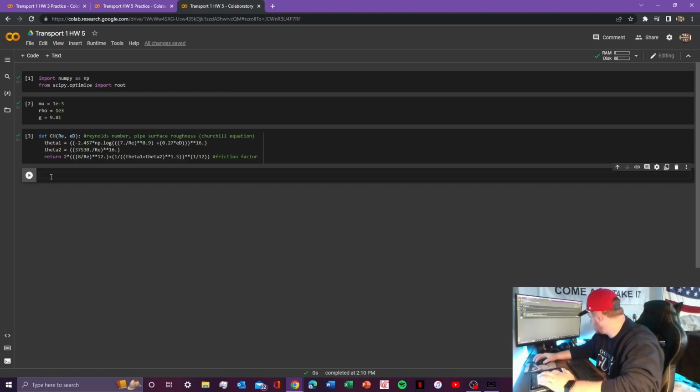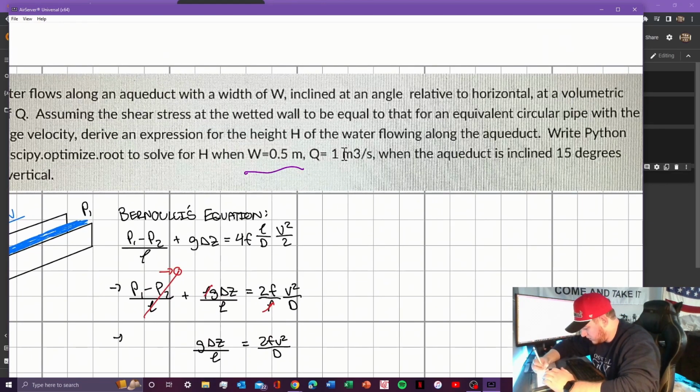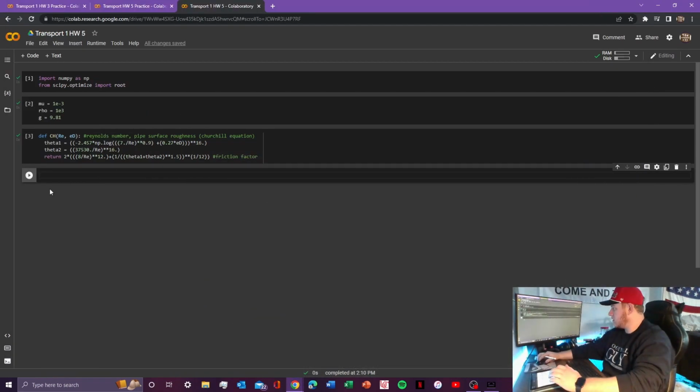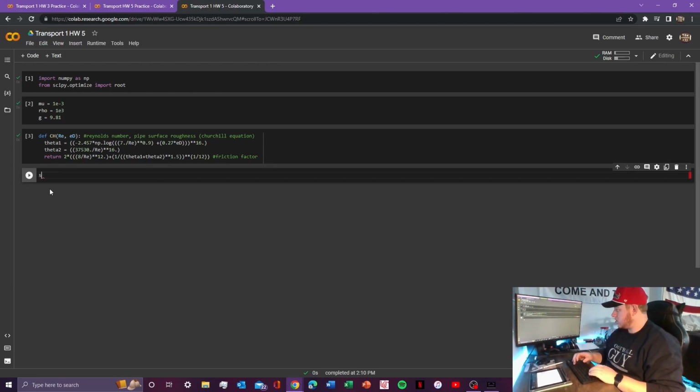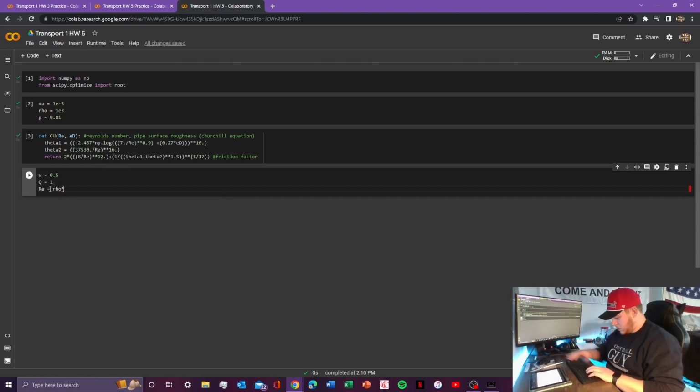From the homework, we know that W is equal to 0.5 and Q is equal to 1, so we can throw those in real quick. Our Reynolds number is equal to rho times V times D, but we haven't defined that yet.